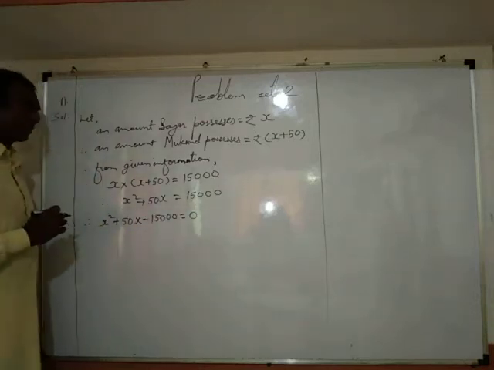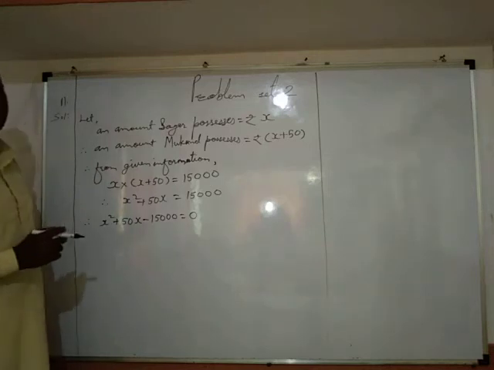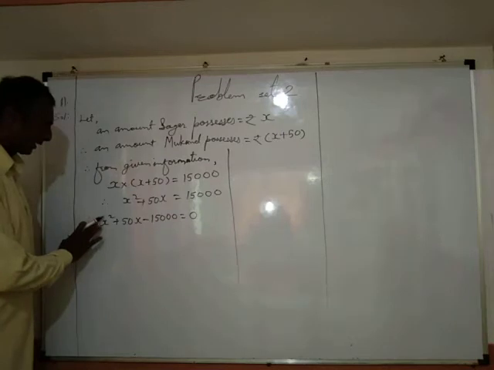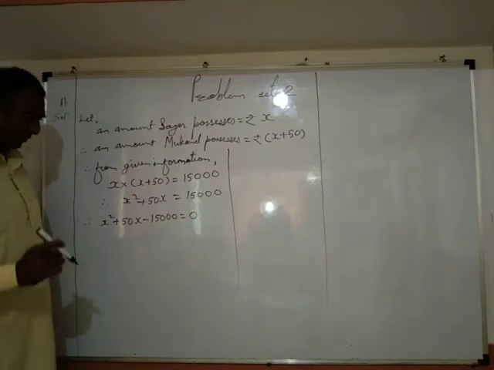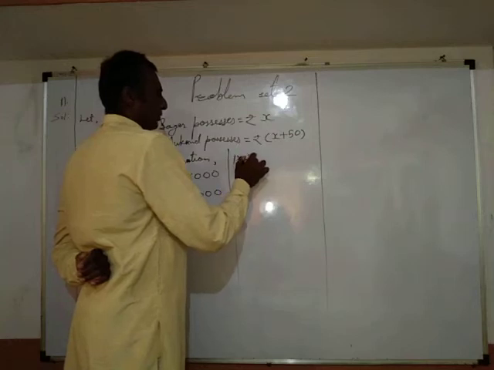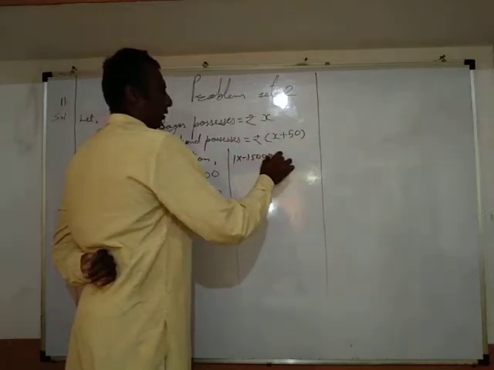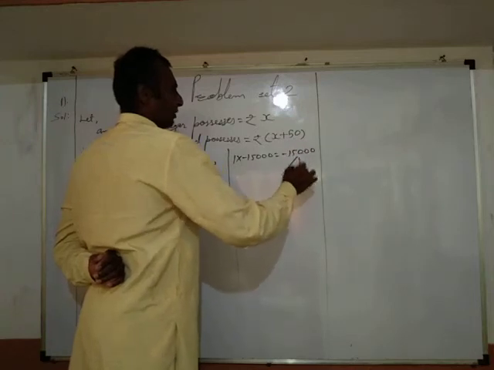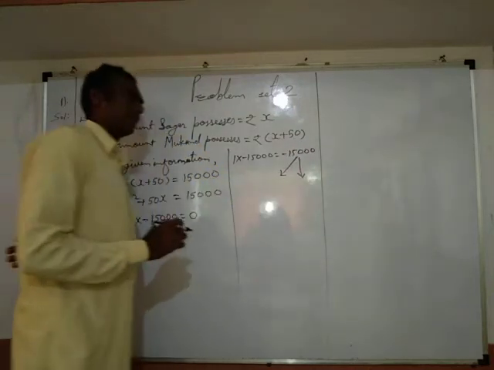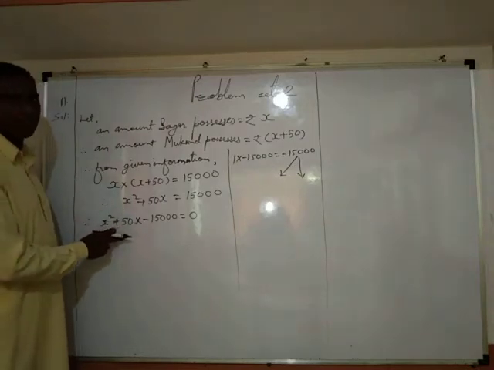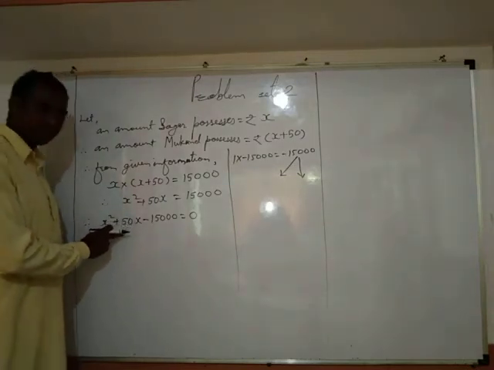Now it is in the general form x square plus bx plus c equal to 0, with the coefficient of the quadratic term 1 and constant term minus 15,000. That's why 1 into minus 15,000 gives us minus 15,000, and that minus 15,000 should be factorized such that their addition must be the coefficient of the linear term, which is plus 50.